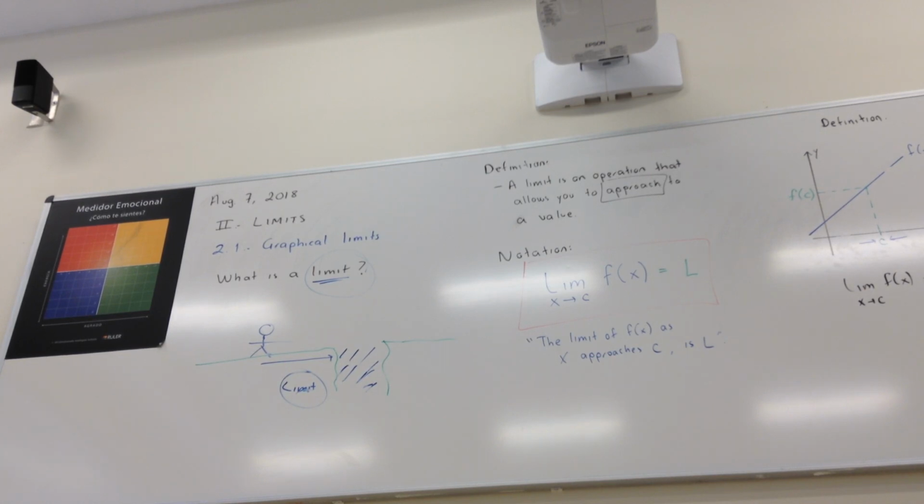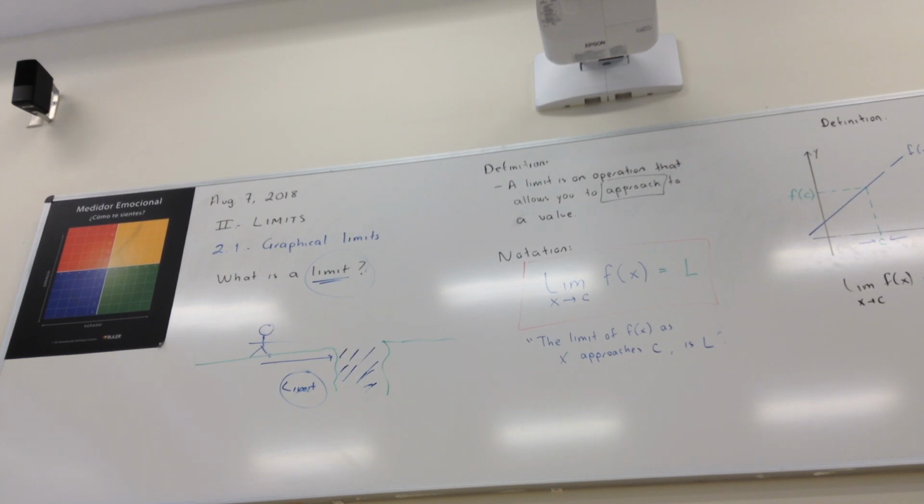If I were to ask you what will be the limit for that function f of x as x approaches 4, what would you say? 2? No. Because that can be 5. Also no. That's the problem.